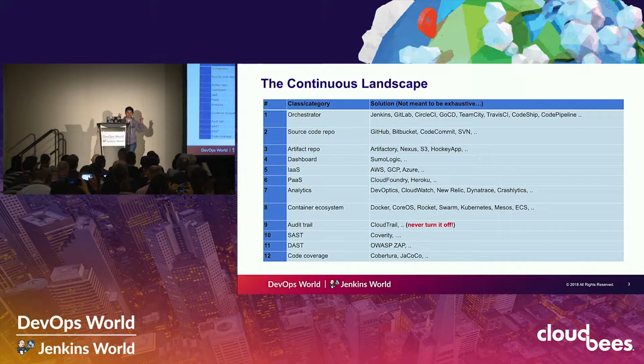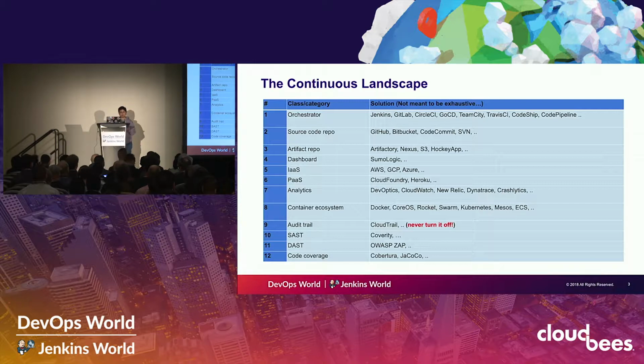This is the stuff. You have to hook up source code repos, there are artifact repos, there are dashboards where you need your results to go to. Infrastructure as a service, we have the big players, the platform as a service. You have analytics, containers, container orchestration, and we will hone in on Kubernetes today.